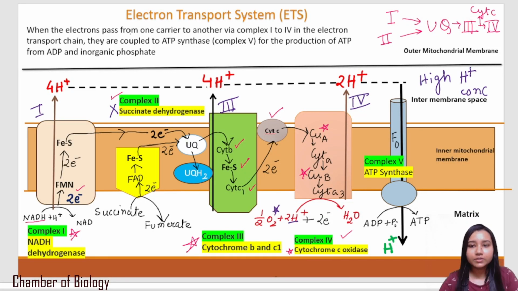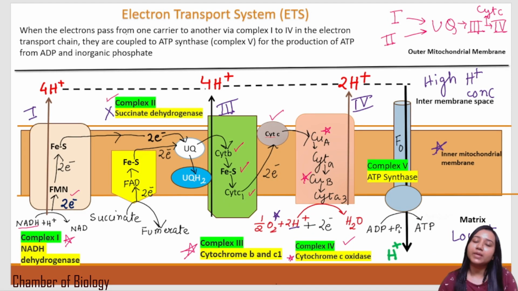Of course, there is going to be a low H plus concentration. So what will the protons want? They will want to come back to our matrix from the intermembrane space, but they cannot, because the inner mitochondrial membrane is impermeable to H plus ions.